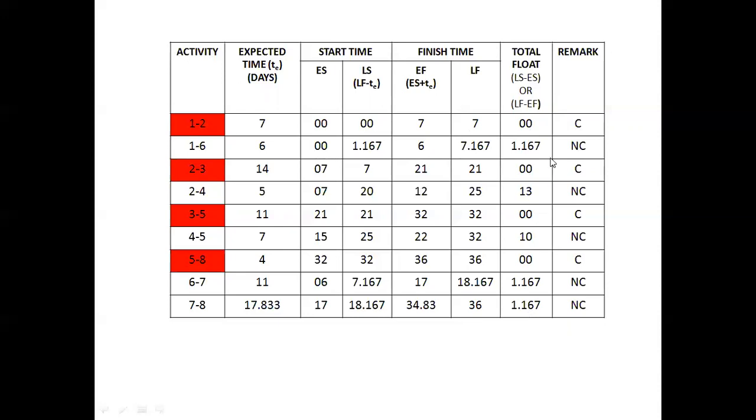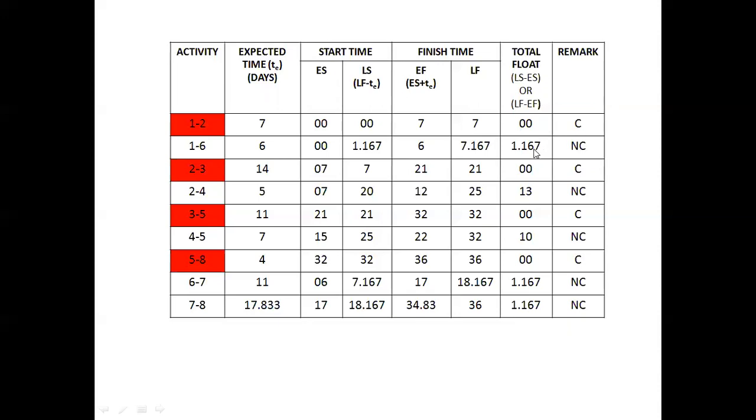And based on these total float values, we can identify the activities as critical or non-critical. As we know that the critical activities are having the total float equal to 0. So here the first activity 1 to 2 has got 0 as a total float, then it is a critical activity.